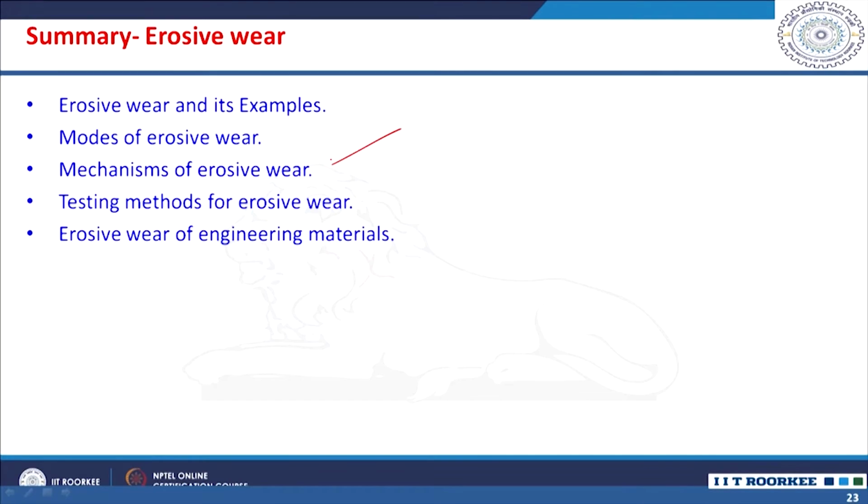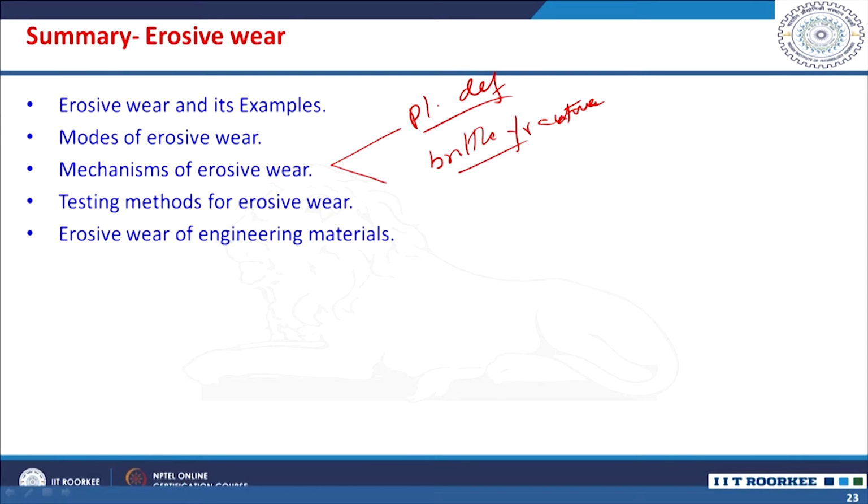So, the mechanisms of erosive wear are plastic deformation or brittle fracture. Under these categories you will again have cutting and ploughing.